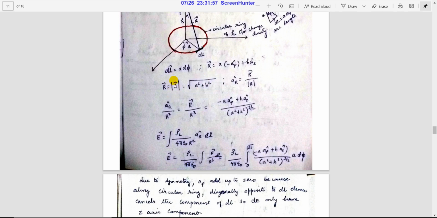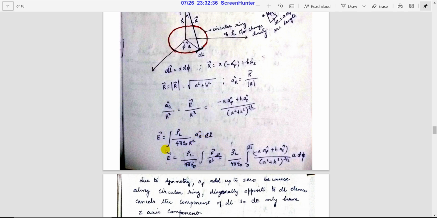What is the magnitude of the r vector? We can find it as root of a square plus h square. a r vector is the unit vector for the r vector, that is the r vector divided by its magnitude, and we also need a r vector divided by r square. Why are we finding this term? Our electric field intensity due to this circular ring can be found from a common formula: electric field intensity E is equal to the integration of rho L divided by 4 pi epsilon naught r square, a r, into the dl vector.